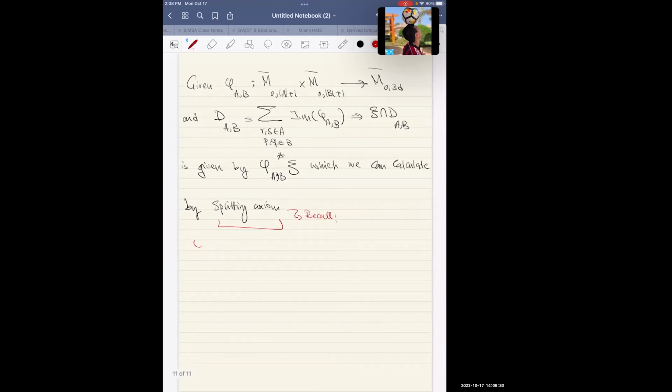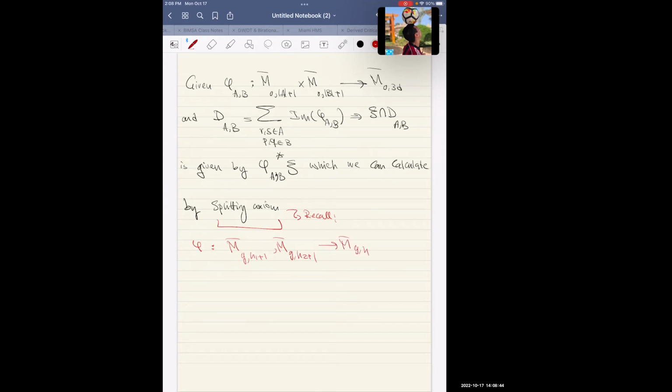That was basically saying that if I have phi, a map from M bar g, n1 plus 1 times M bar g, n2 plus 1 to M bar g, n, and I take some Gromov-Witten class, so phi upper star of I, g, and beta of alpha 1 to alpha n, is going to be given as a double sum.